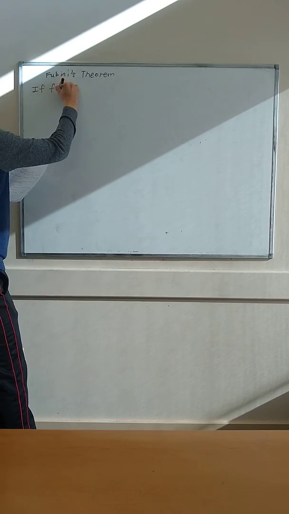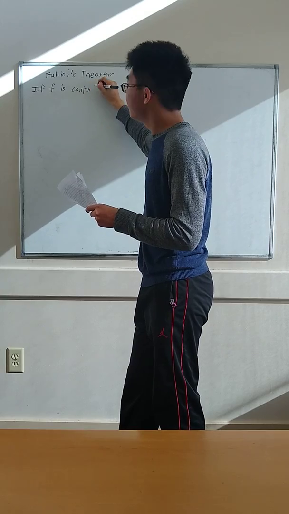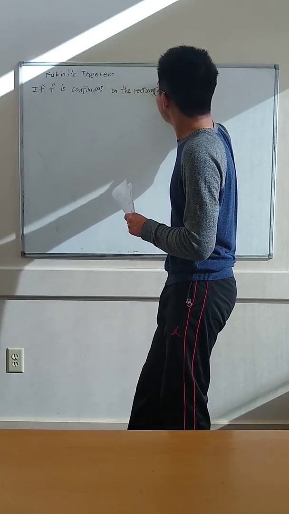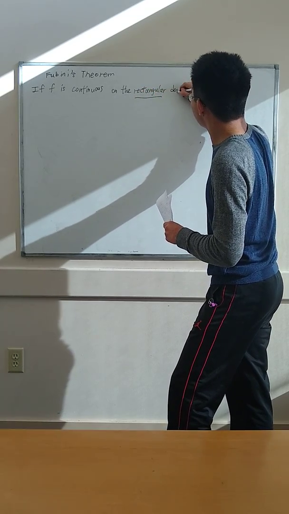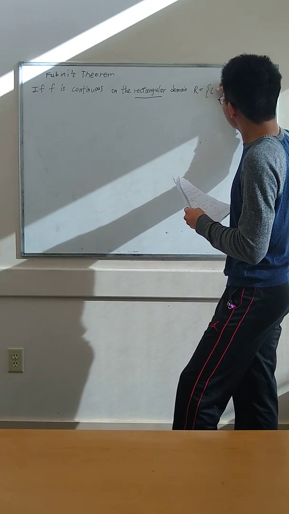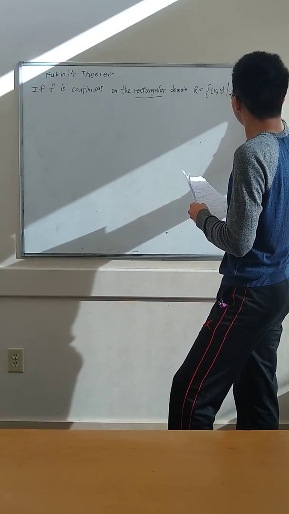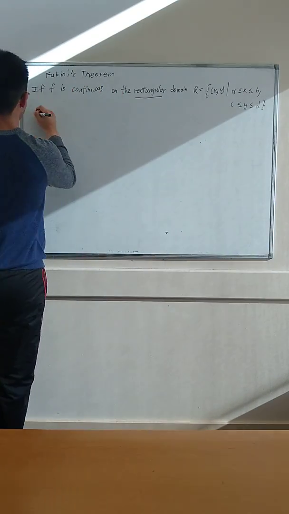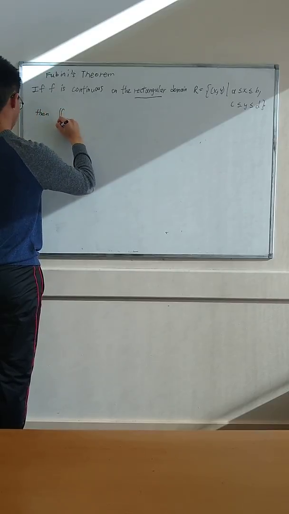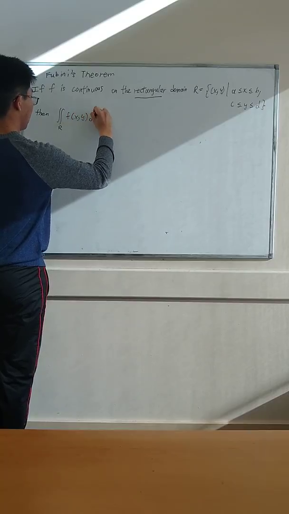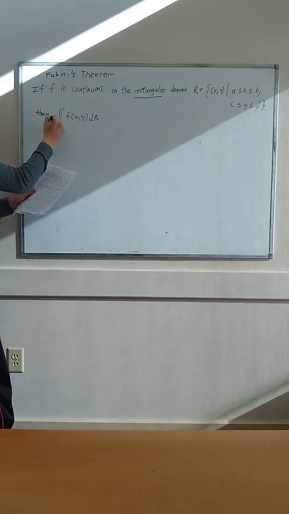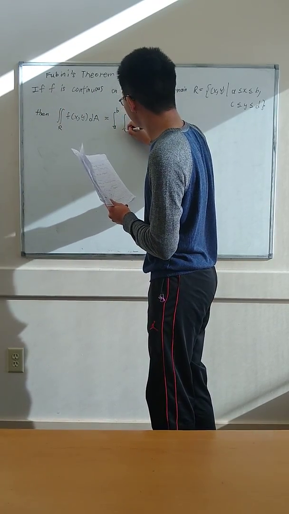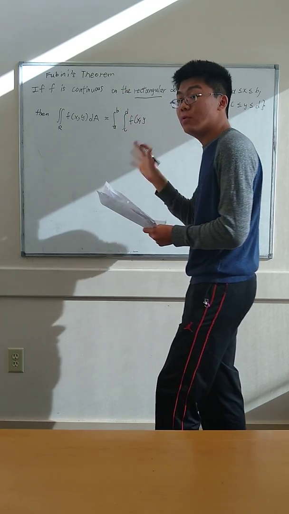If a function f is continuous on the rectangular domain, then when you take a double integral over an area of a function f of x and y, you actually can switch the order of the integrands.